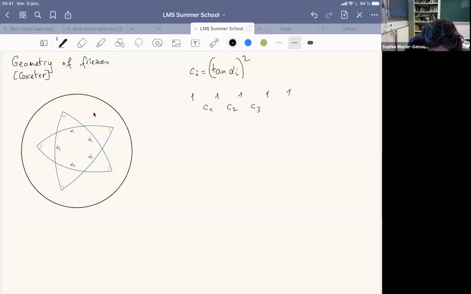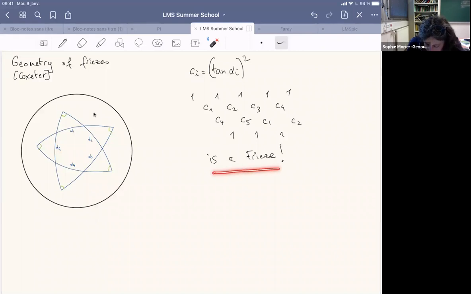So this time we don't have any more integers in the frieze. Okay, but so this is a frieze. And somehow the frieze becomes just a way to organize the relations between these numbers.